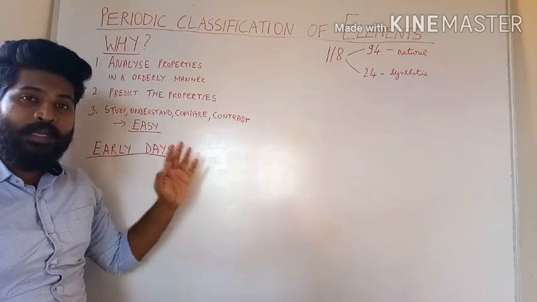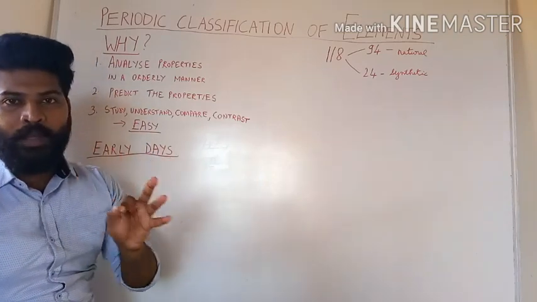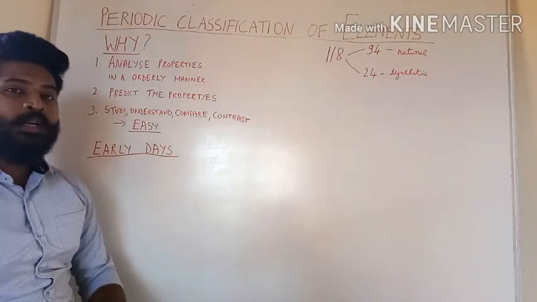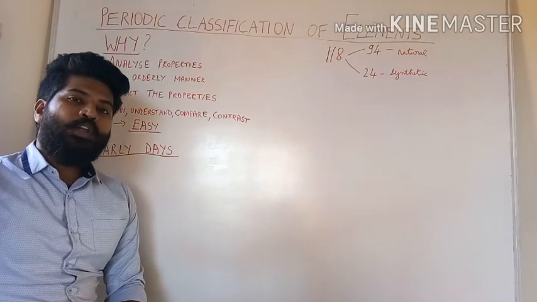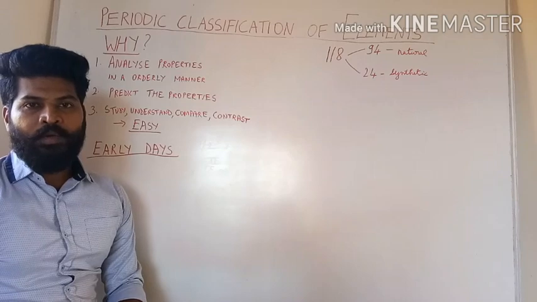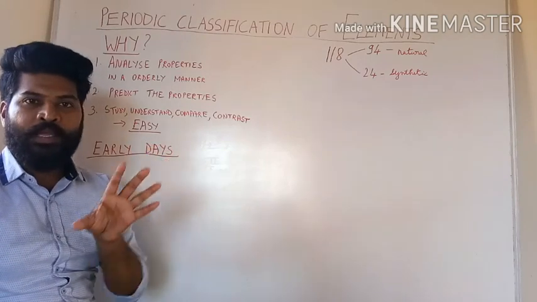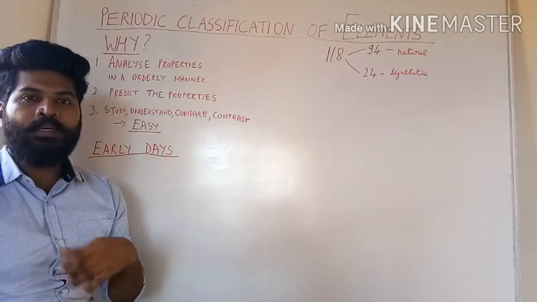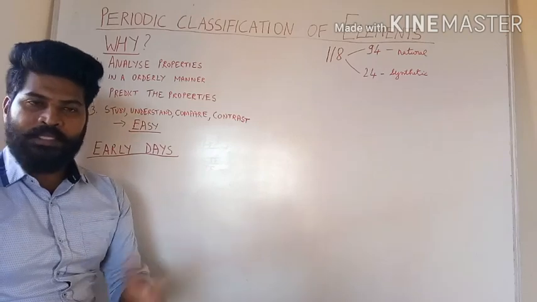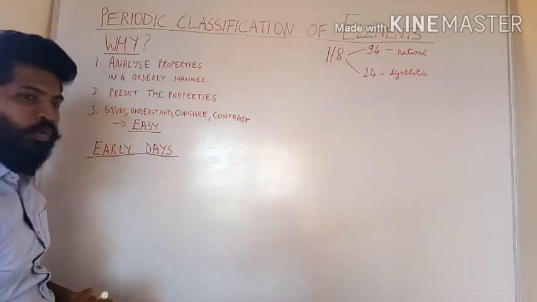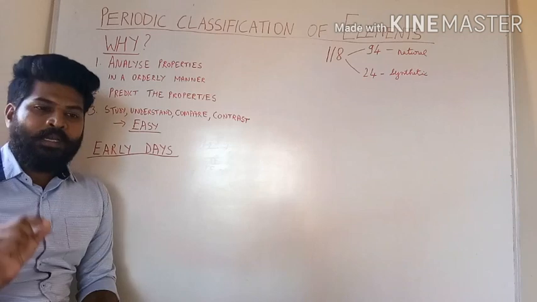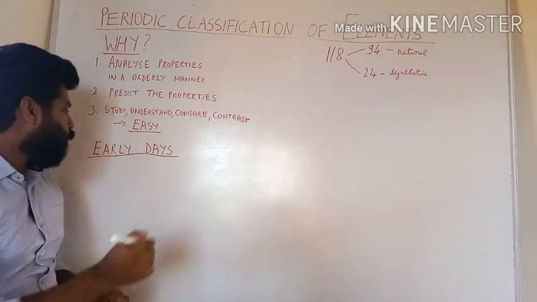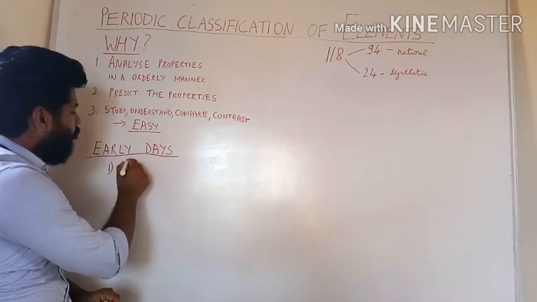Now let us go to the next very interesting topic of today's session, that is, how did the history of classification look like? When was the first classification done and what were the challenges that they faced? So the first attempt at classifying elements was done by Lavoisier.